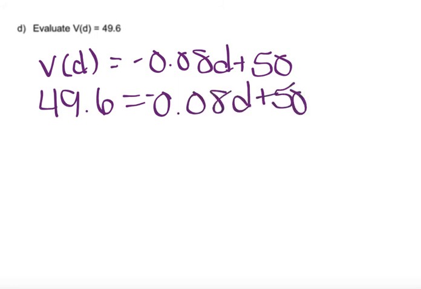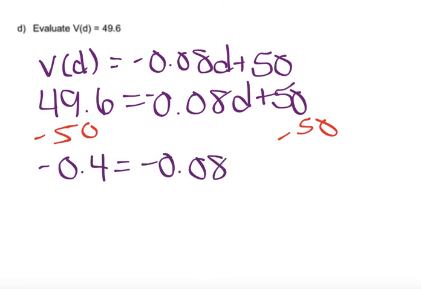So in this case here, I'm going to subtract 50 from both sides because I'm adding 50 currently. I want to get rid of that 50. We're going to subtract it. So if I subtract 50 from both sides, I'm left with negative 0.4 is equal to negative 0.08 times d.